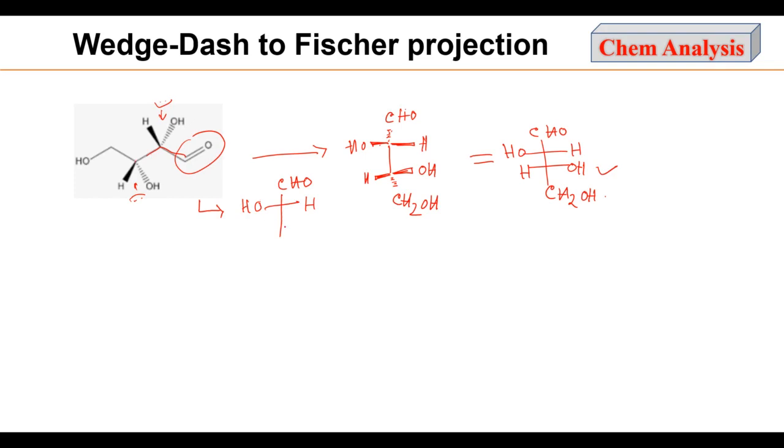And for the second chiral center, here we can see that the in-plane groups are in V shape, so the group which is above the plane will go on the left side. Therefore we can see that using both the techniques we are getting the same identical compound.